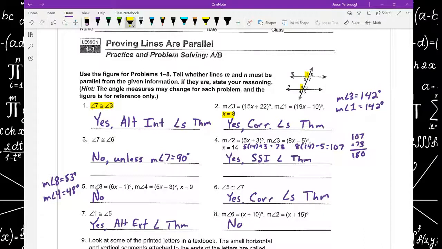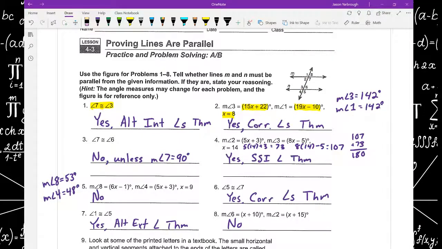When we plug in 8 to measure of angle 3, we get 142 degrees, and when we plug it into angle 1, we get 142 degrees as well. So since they are both equal, the lines are parallel because of the corresponding angles theorem.